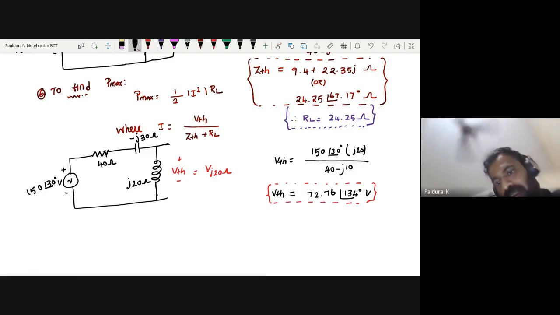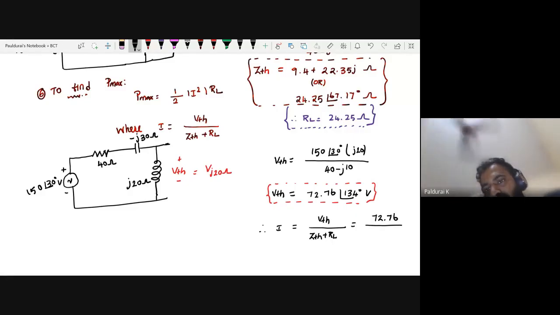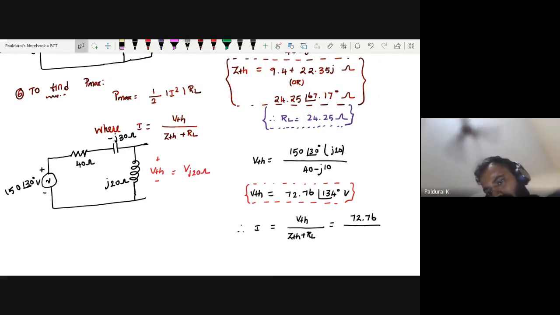Therefore, what is my I? Now I equals VTH divided by ZTH plus RL, where for VTH you take 72.76 at an angle of 134 degrees, divided by ZTH, which is 9.4 plus J22.35, plus RL.